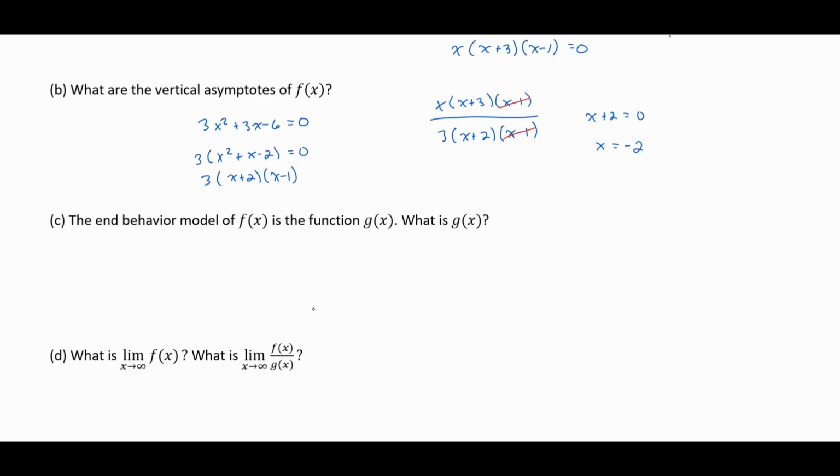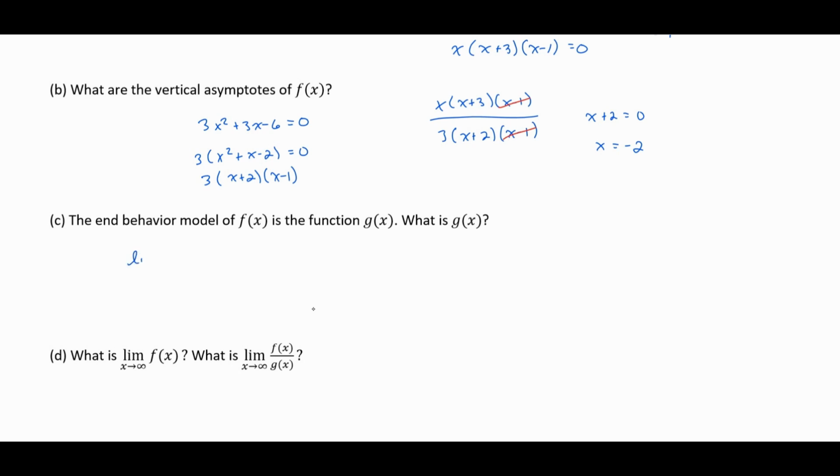The end behavior model of f of x is the function g of x. What is g of x? So let's look here at this end behavior model. When I'm thinking of end behavior, I'm thinking of limits that approach infinity.